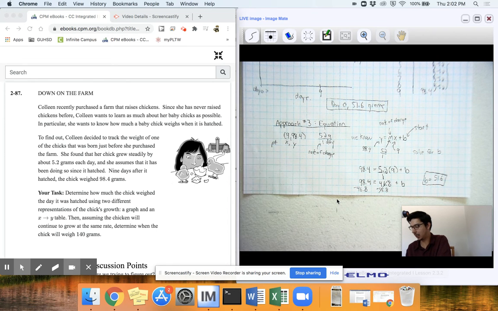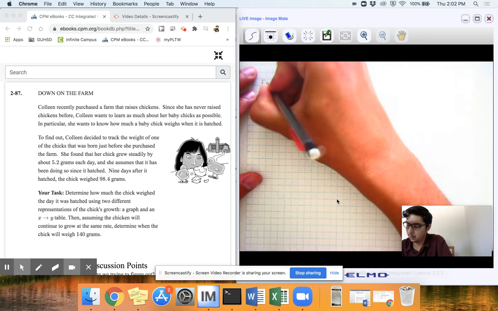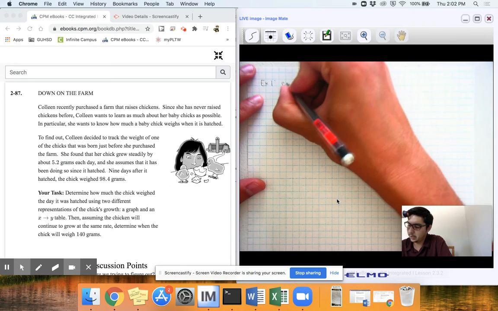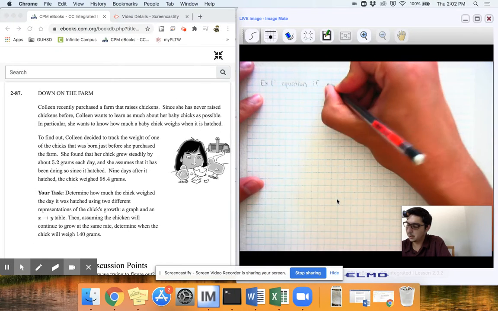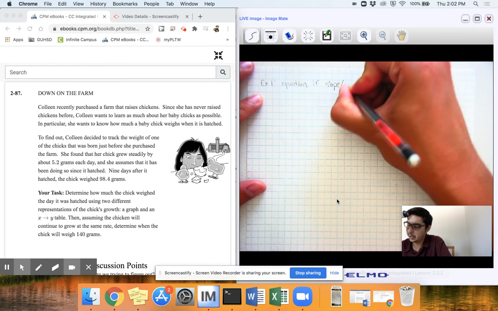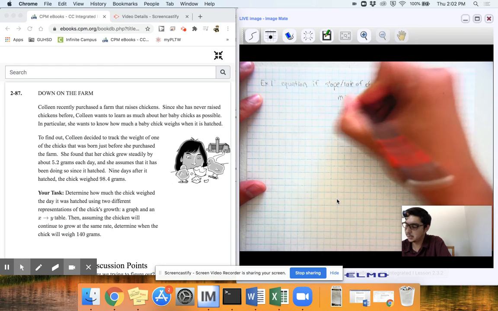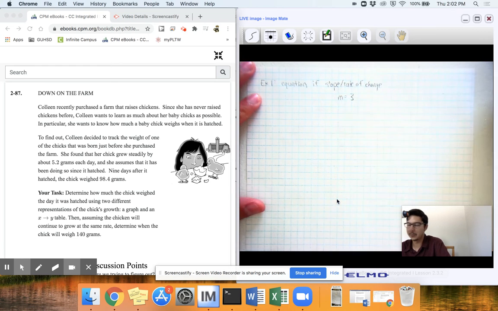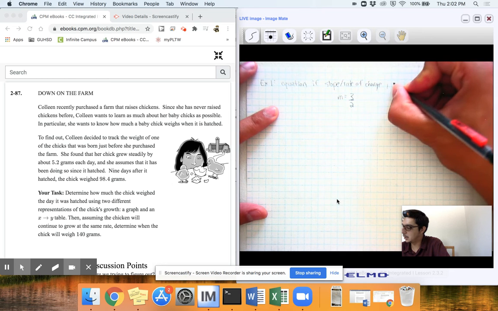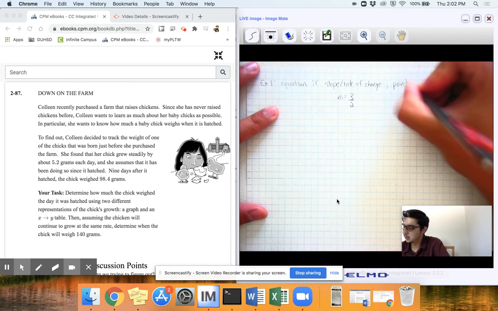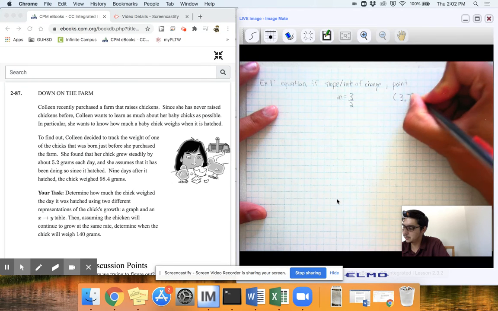All right, let's look at one example to help you see this. So example 1. What's the equation if we know that the slope or rate of change is, say, 3 over 2, and we also know a point, say 3, 7?